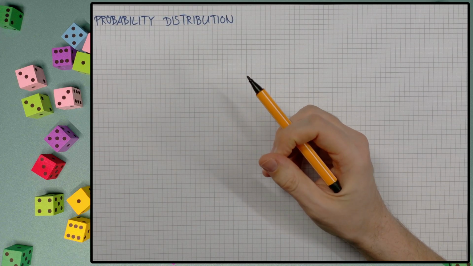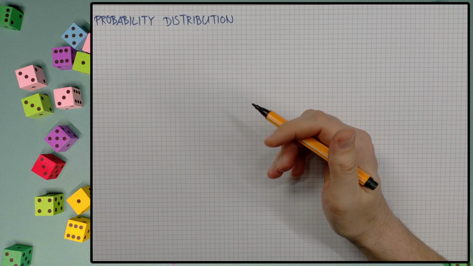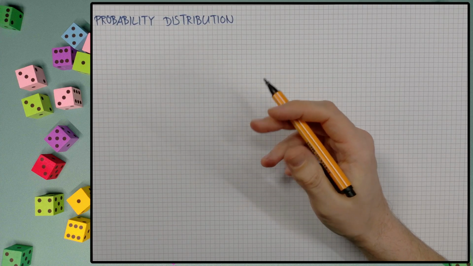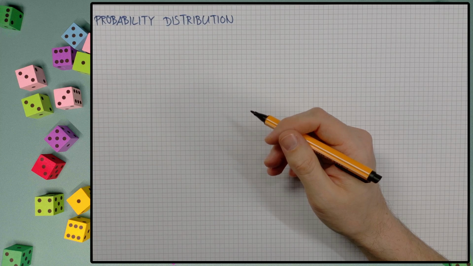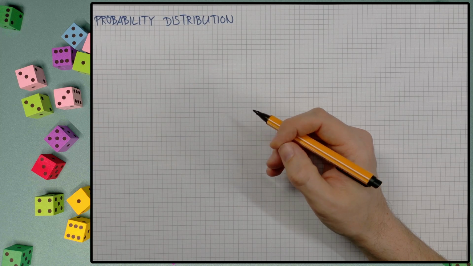Picking up where we just left off with P, which gave us a way to note down probability.